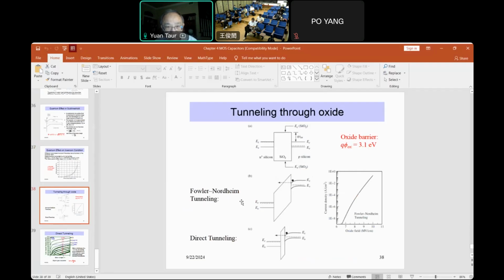There are two kinds of tunneling. The first one is Fowler-Nordheim tunneling. When the oxide is not very thin, you can tunnel if you apply a large bias, a large voltage to the MOS, like in this case. If I have a high field in the oxide, 7 megavolt per centimeter, then there will be some current due to tunneling of conduction band electrons to the oxide conduction band.